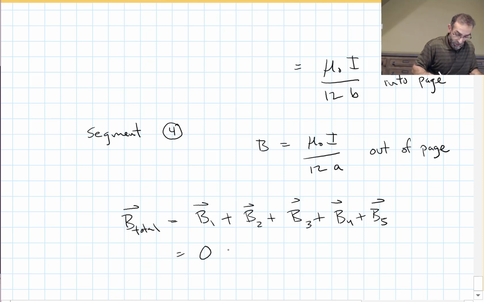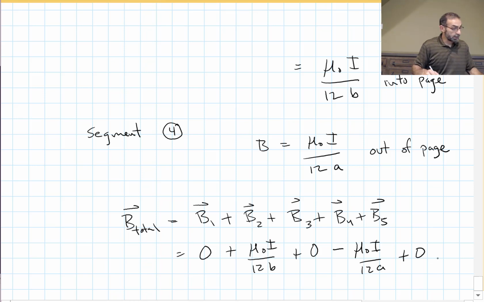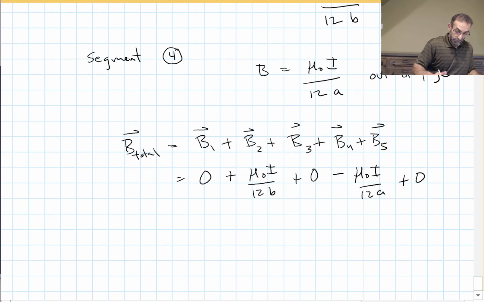We got positive, if positive is into the page. Zero for 3. We got out of the page, negative mu naught I over 12a, and 0. We added them all up, and there's our answer.